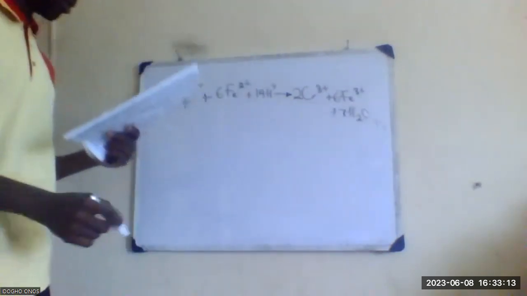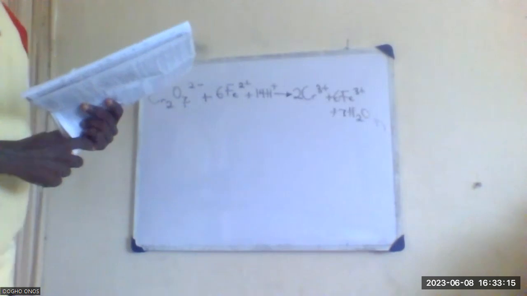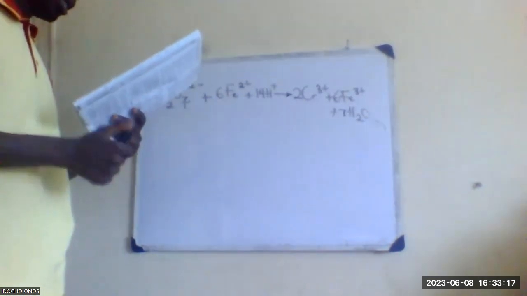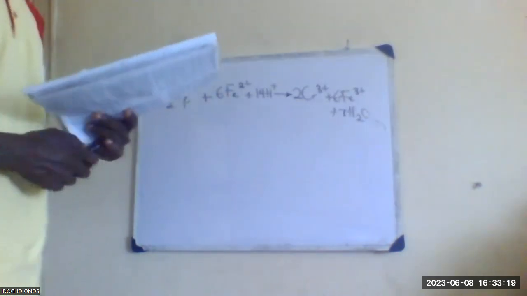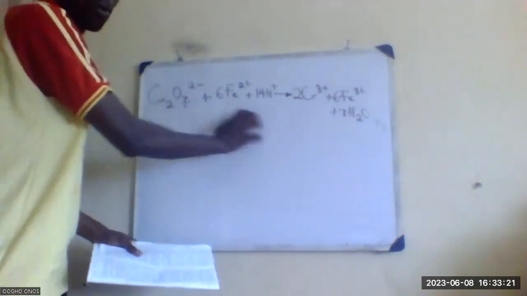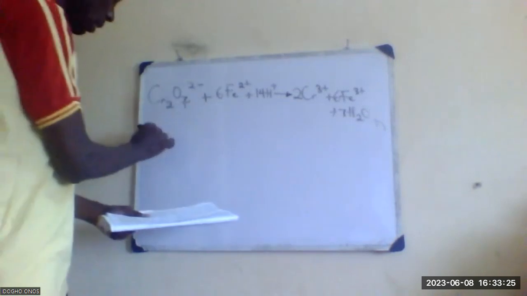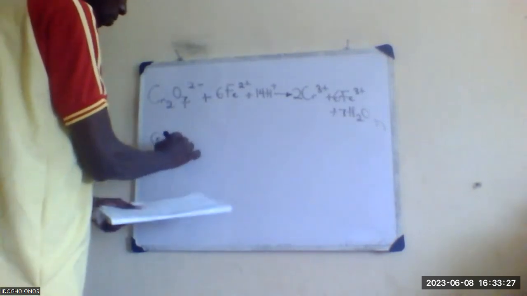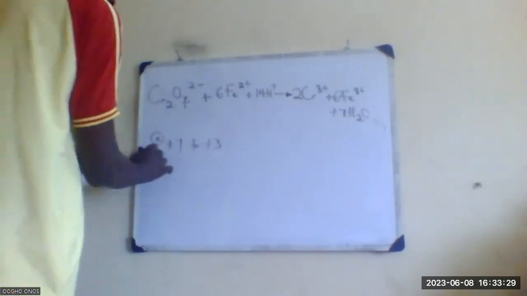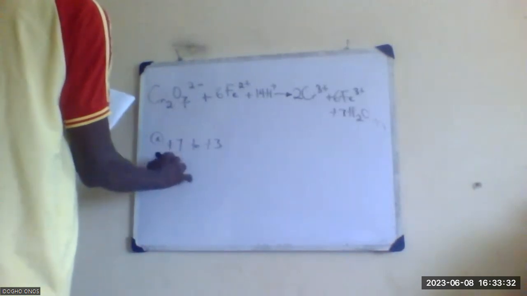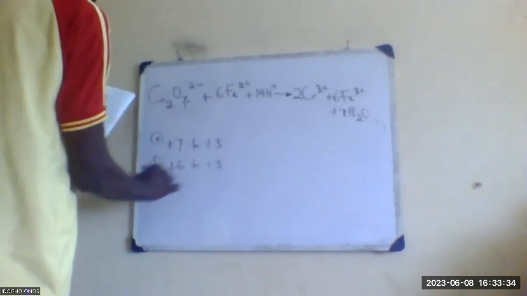Okay, let's look at this. In the above equation, chromium changes from dash to dash. Option A is +7 to +3. B, +6 to +3.